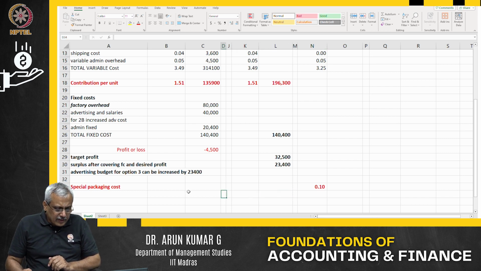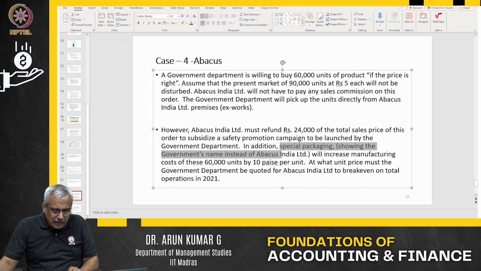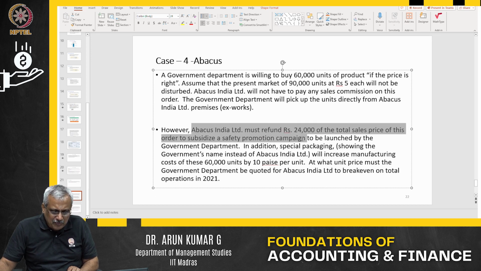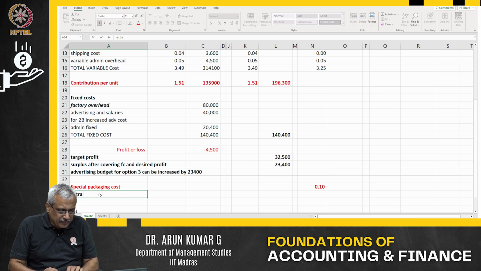Then you have one more aspect: Abacus must refund 24,000 of the sale price in order to subsidize a promotional campaign launched by the government. That 24,000 is an extra cost for subsidizing a government campaign.